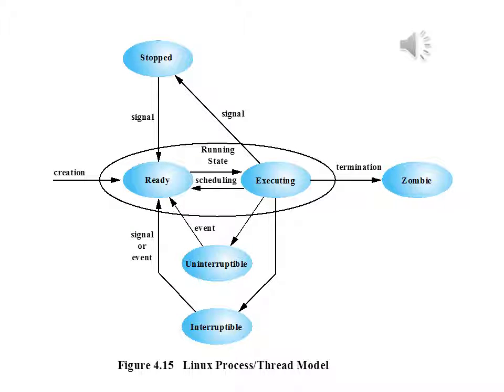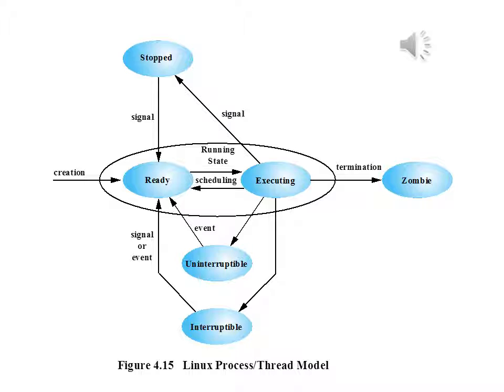The figure on the slide shows the execution states of a Linux process. These are as follows. Running corresponds to two states. A running process is either executing or it is ready to execute.